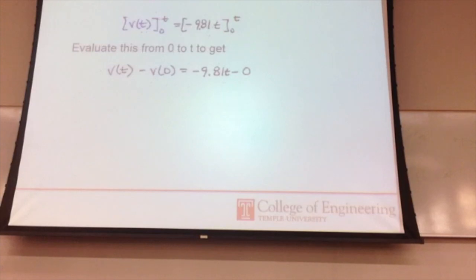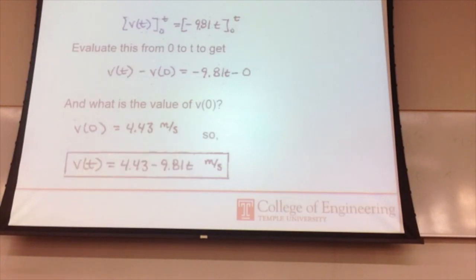So when we evaluate that, the velocity at any time minus the initial velocity is equal to minus 9.81 t. The 0 drops out. In this case, the initial velocity is not 0. It's given as 4.43 meters per second. So we can plug this into this equation, and we come up with our final answer that the velocity at any time is 4.43 minus 9.81 times time.